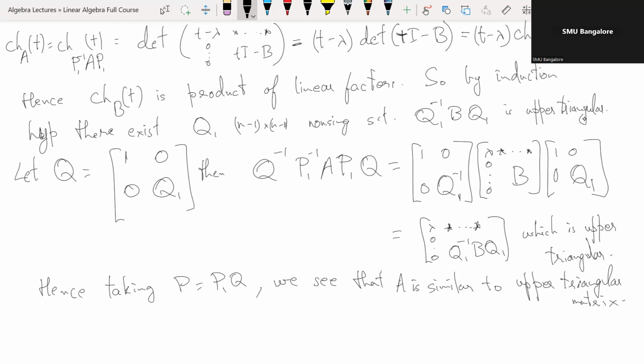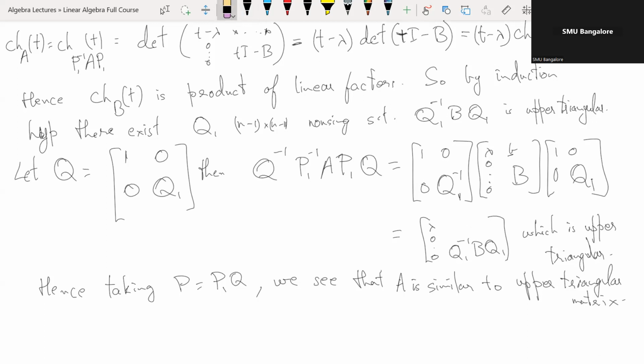In fact, maybe I'll tell you what these stars are. I had done the calculation earlier. This is going to be a row vector of length b. Let's call this just b instead of twiddle b, with a dash to say that it is a vector b. Then this thing will become b transpose Q1.